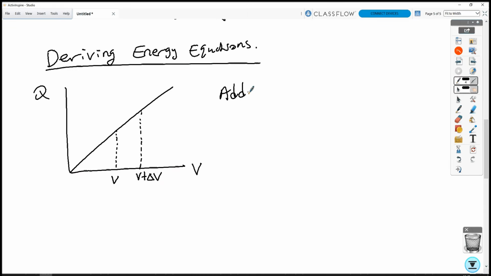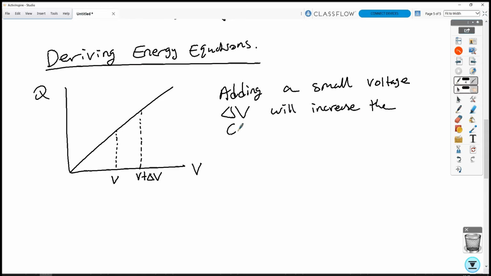So adding a small voltage, delta V, will increase the charge stored on the capacitor if delta V is infinitely small.